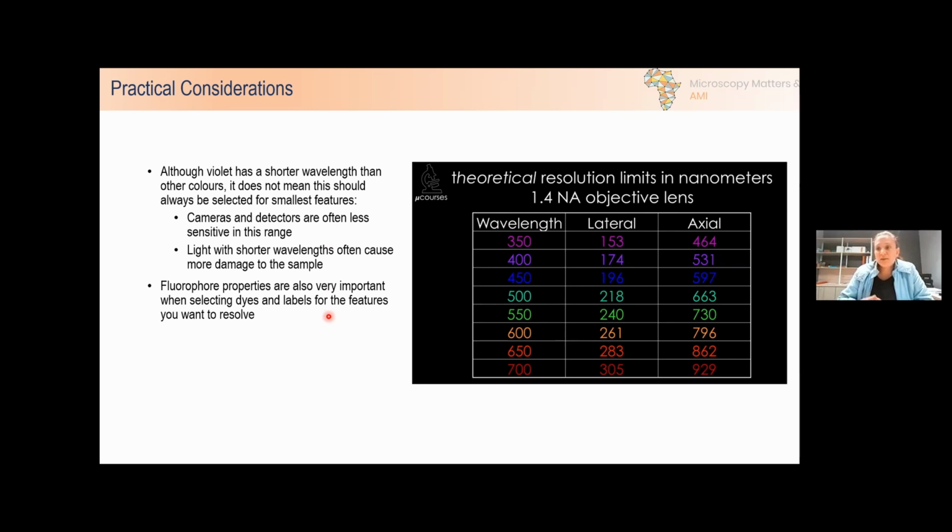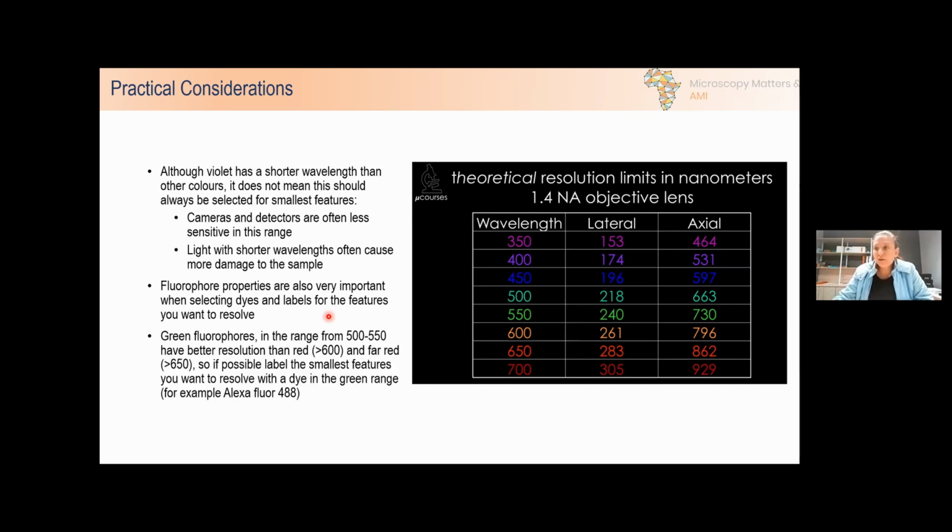So it depends whether there are labels available for what you want to image. If you have the choice, the green fluorophores, which are in the range of 500 to 550 nanometers, usually have a better resolution than red and far red. And therefore, if you can label the smallest features with the green fluorophores, then it's a good choice for those aspects of the image.